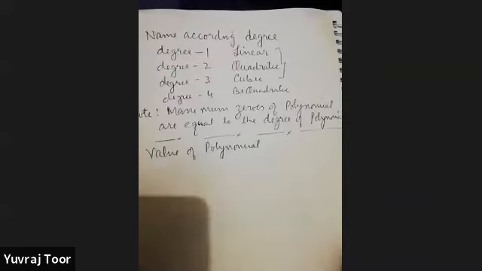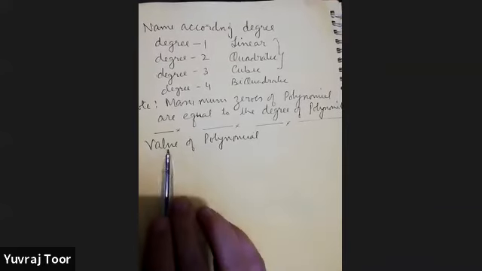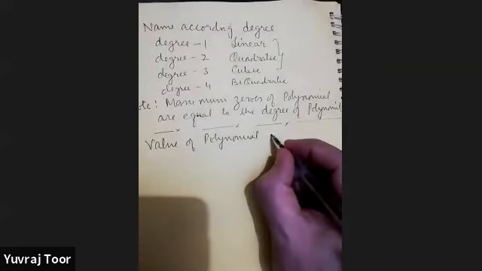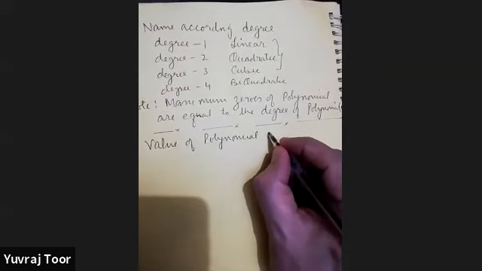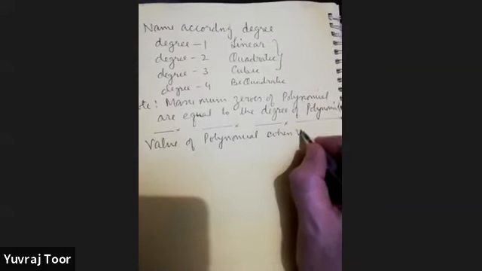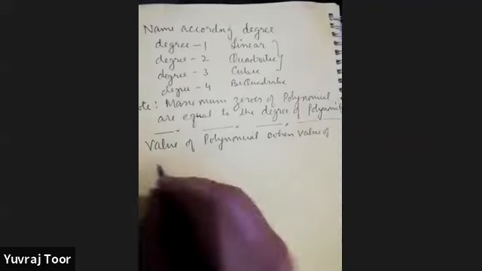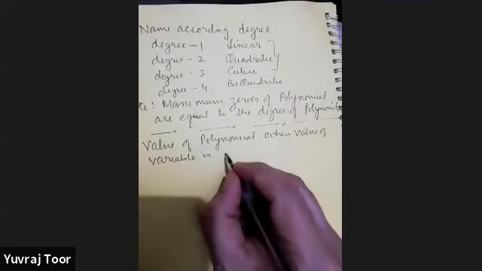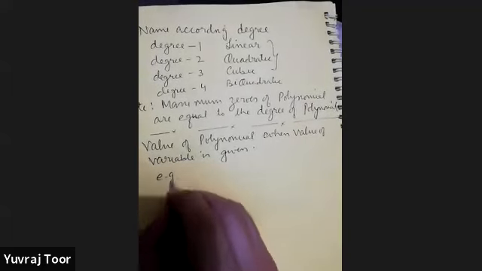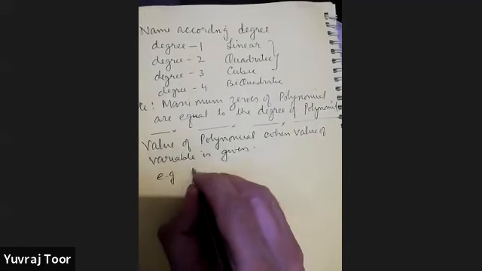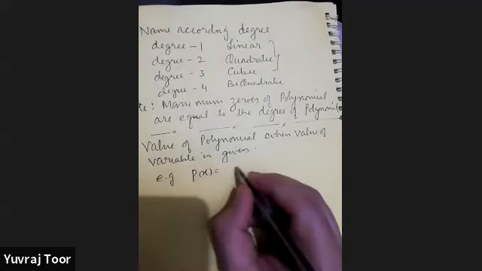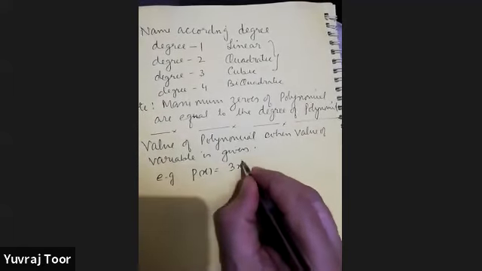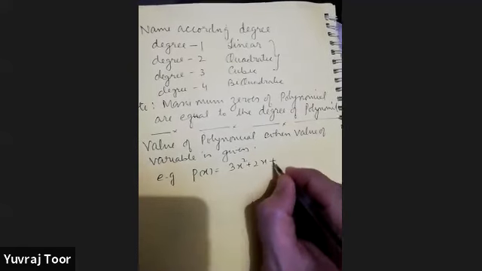So what we are discussing now is the value of a polynomial when the value of the variable is given. Just an example, there is a polynomial, say p(x) is 3x squared plus 2x plus 5.